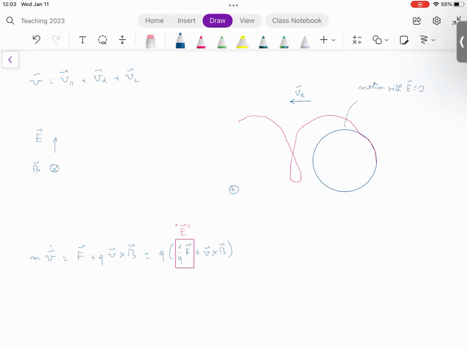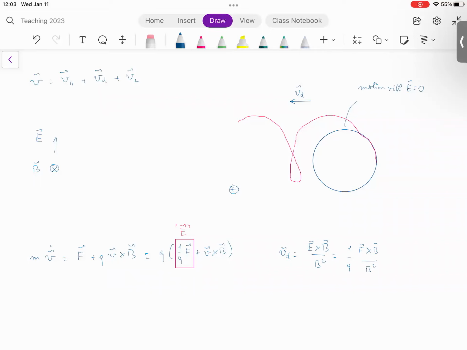And in particular, the drift velocity is going to be E cross B divided by B squared. Replacing the expression I have for E, this is going to be 1 over Q, F cross B divided by B squared.